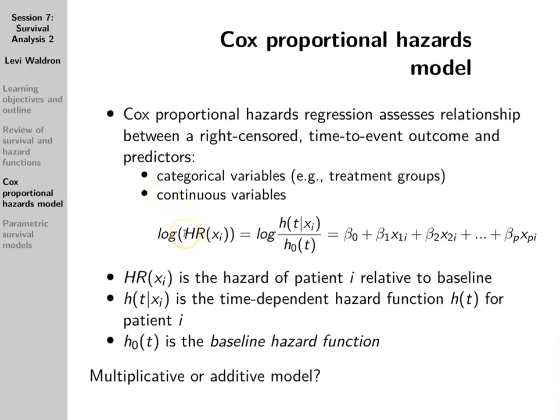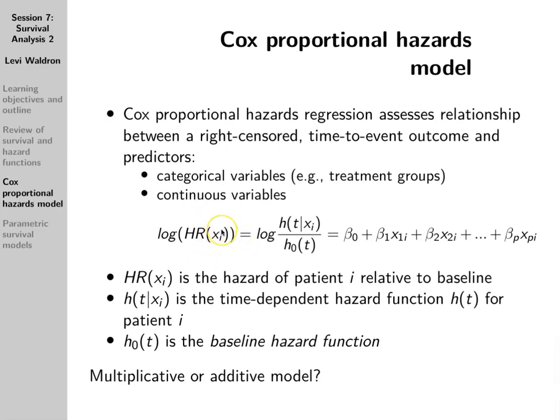And in this model, it's actually not going to be an expected value of y given x, but what we're modeling is actually the log of the hazard ratio. And this hazard ratio, as we saw under the proportional hazards assumption, does not depend on t, but it does depend on these predictors xi.